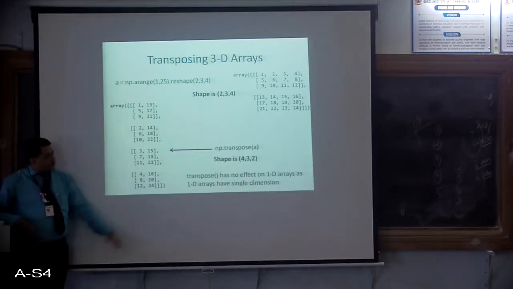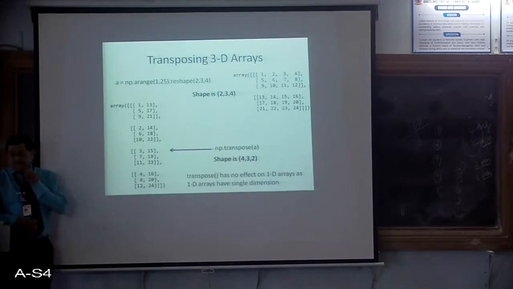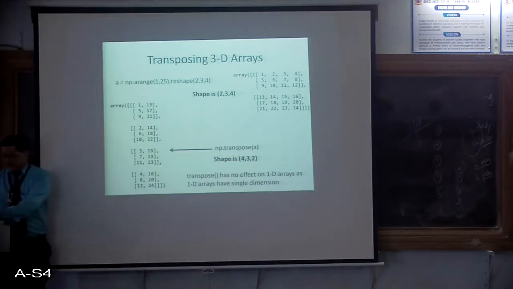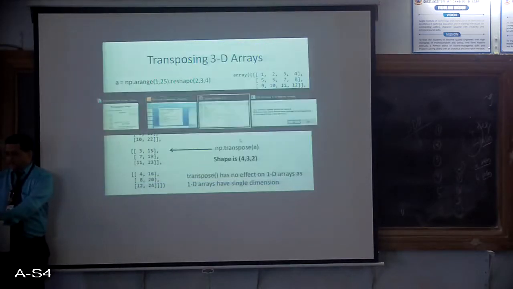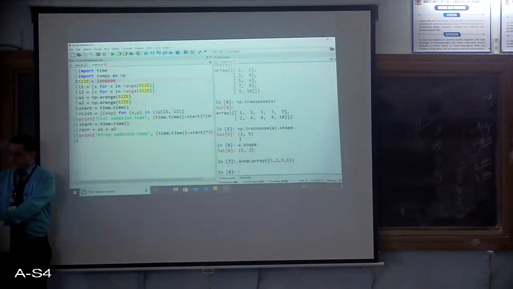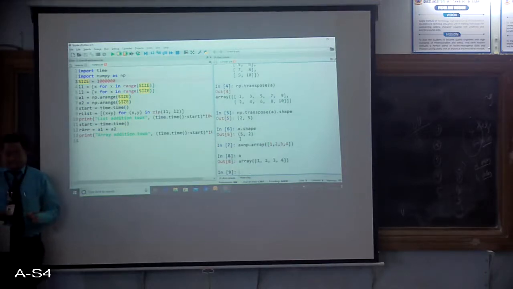Transpose has no effect on one-dimensional arrays because a one-dimensional array has a single dimension. There is no point in reversing a single dimension. For example, take A equal to np.array([1, 2, 3, 4]). A is a vector, a one-dimensional array.